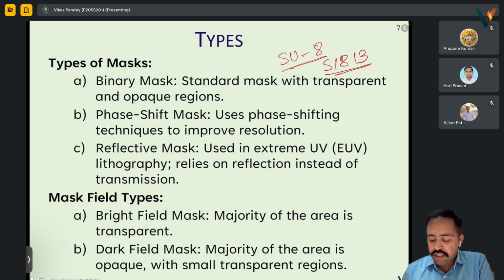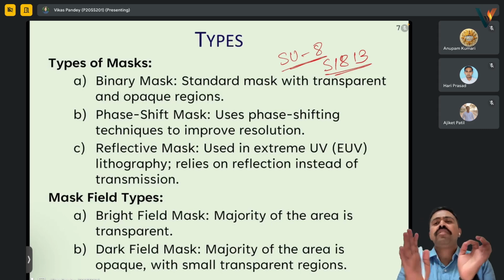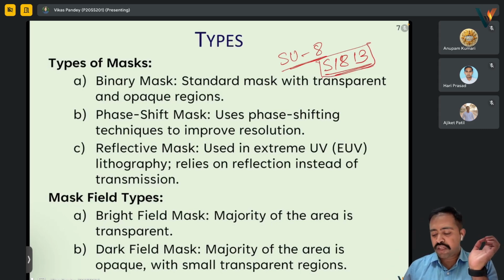These are model numbers, specific chemical numbers given to these PRs, and they have a comprehensive datasheet along with that. If you search, say, microposit S1813 datasheet, you will find good data.